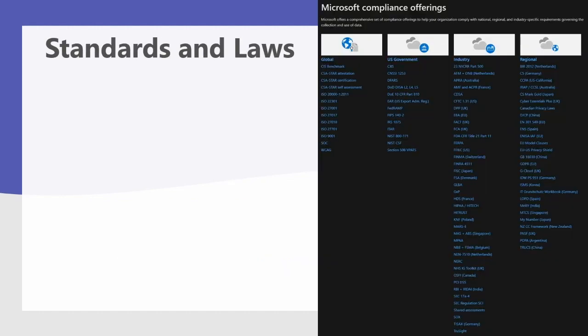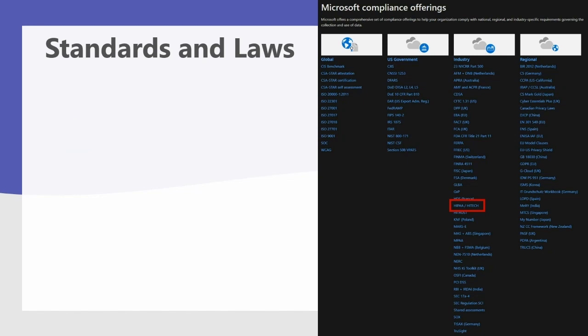So here is a screenshot of the 90 standards and laws that Microsoft follows for Microsoft Teams and all of its services. So you can see it's divided by global, US government, industry, and regional. For each one of these, there's a documentation article sitting behind it. So for example, HIPAA is a very popular one right now with medical professionals wanting to switch to telehealthcare over something like Teams, so they can still do appointments without being in person.